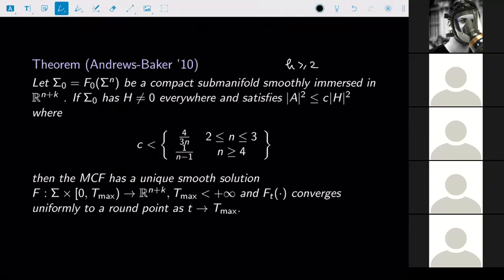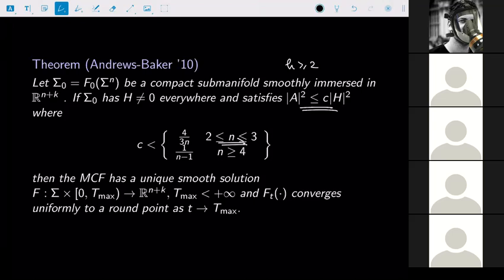And if the mean curvature is not equal to 0 everywhere, and initially satisfies this condition that A squared is less than c H squared, with the following condition: c is less than 1 over n minus 1, or there are some special conditions for n between 2 and 3, so it should be greater than 2 here.